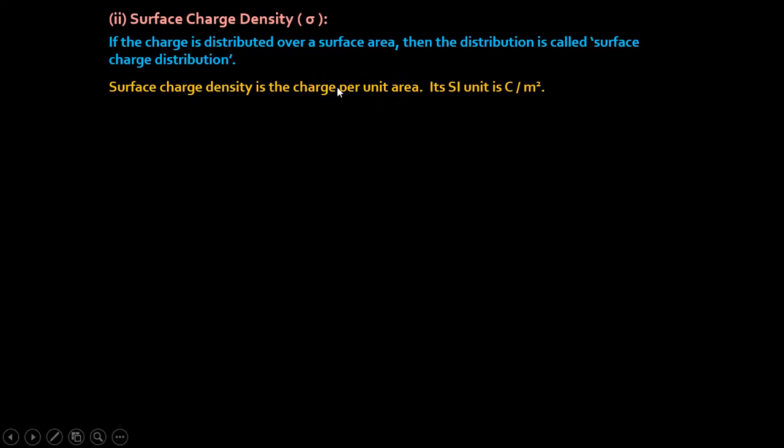Charge per unit area means the total charge divided by total area. Total charge is in coulomb, total area is in meter square. Hence in the SI system, the unit of surface charge density sigma is coulombs per meter square. And if I take an area, these are the charges distributed over that area.